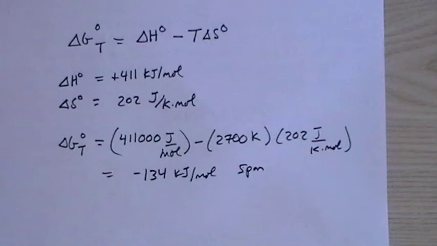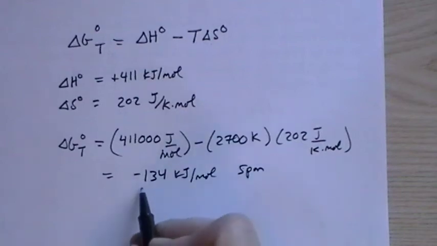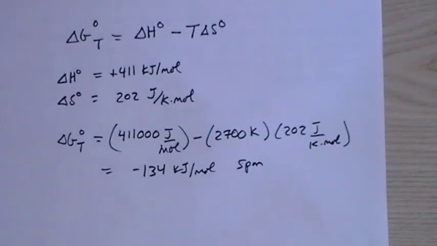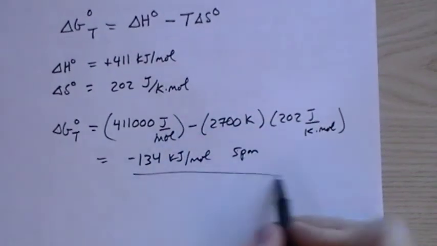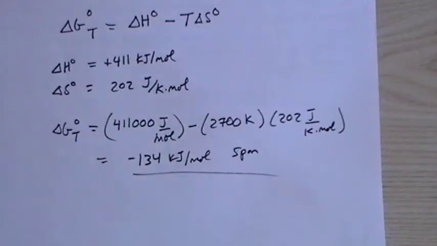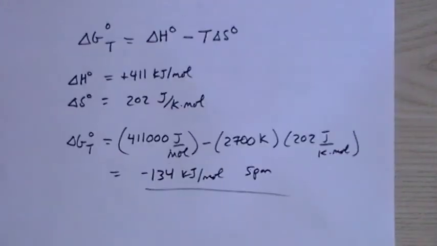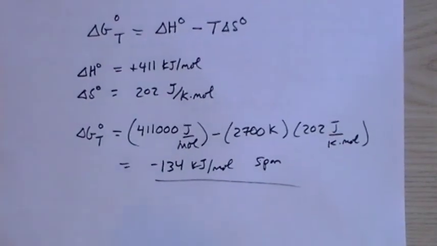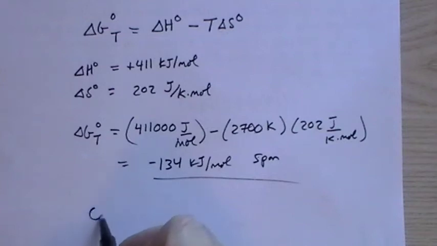Before, at 298, delta G was plus 384 kilojoules per mole. Now it's minus, so now it's spontaneous. So we can see that we can alter a reaction, we can force it to become spontaneous by changing the temperature. We can also make it non-spontaneous by changing the temperature, depending on what we want.